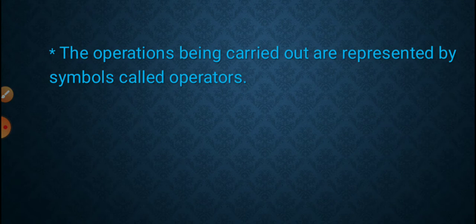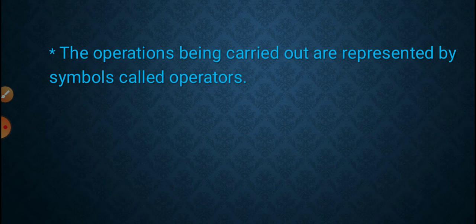Example, you can say 10 plus 20. Here the 10 and 20 are operands. The operator, the symbol we are using here, is plus. The plus sign we are using here, 10 plus 20, is for addition. So here it is called the operator.